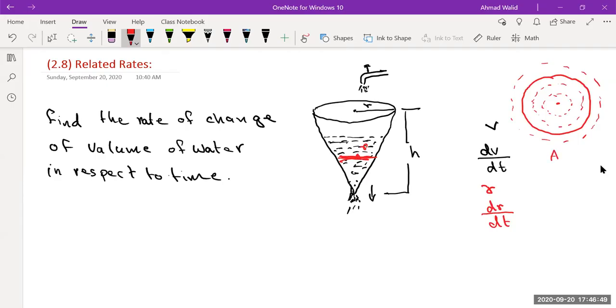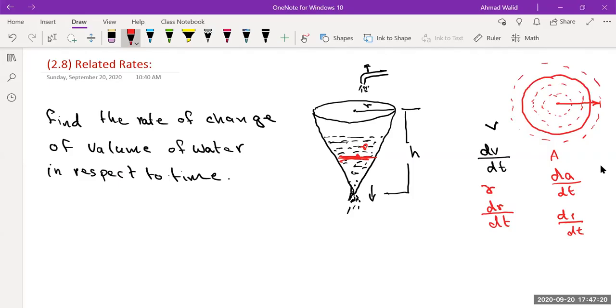As the area of the circle is increasing, how fast the area is increasing, you call it dA over dt with respect to time. And how fast the radius is changing, increasing or decreasing, you call it dr over dt. We are dealing in this section with these kinds of problems in real life.